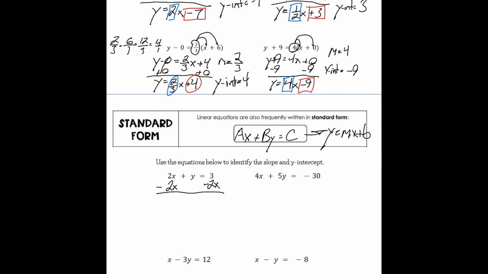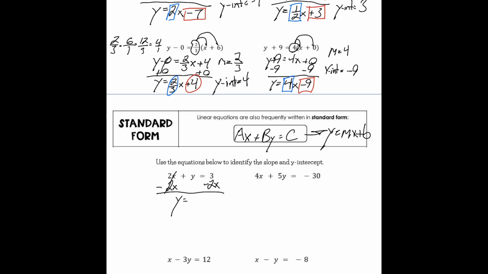Those cancel each other out. My y drops down. Now, I want this equation to look like y equals mx plus b. I want my x term to come first, and then I want my constant number to come at the end.